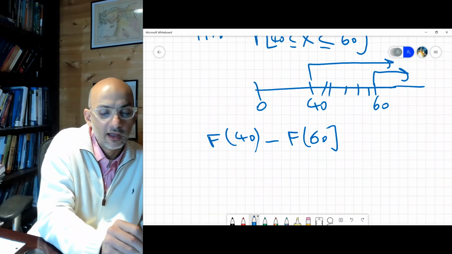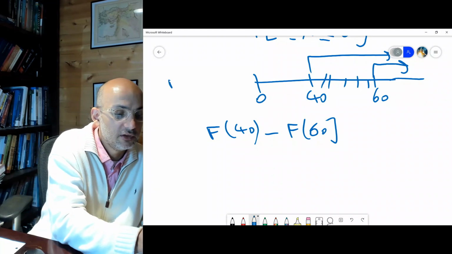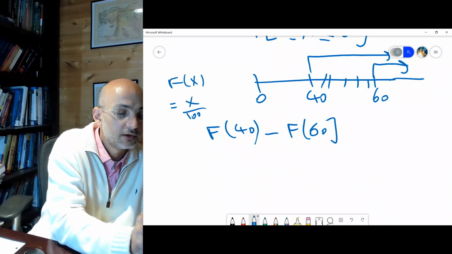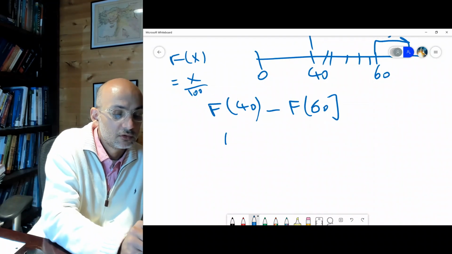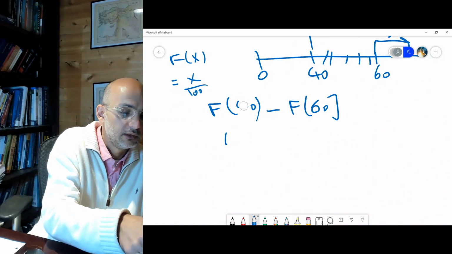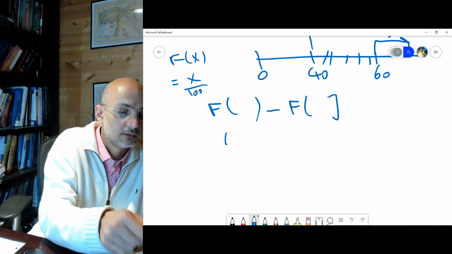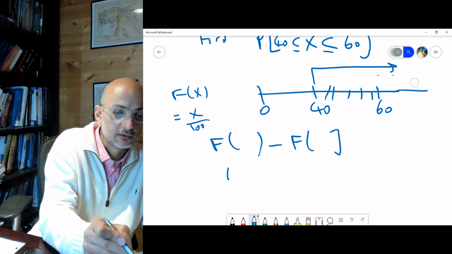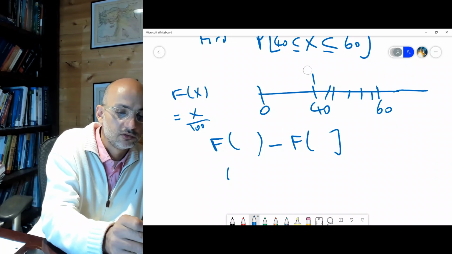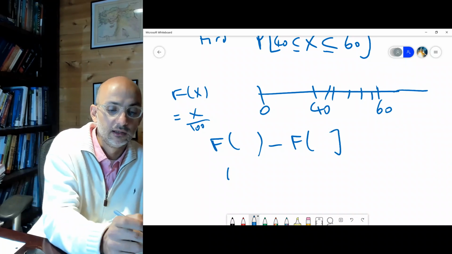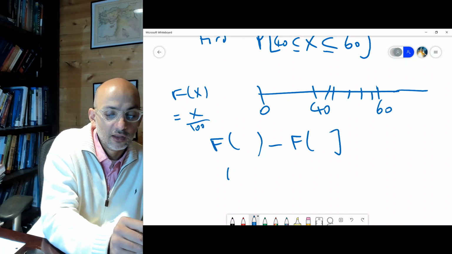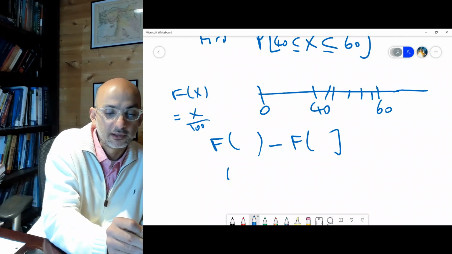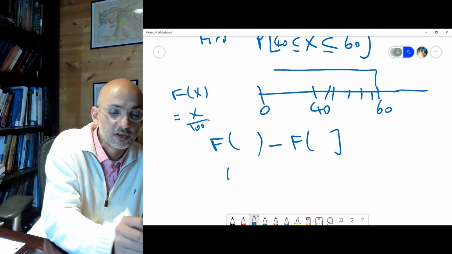Remember the F of X for this one is X over 100, right? Sorry, I made a mistake here. It's always good to correct it, in the sense that the function itself will help you correct if you make a mistake. Let's take the mortality, it's easier, right?